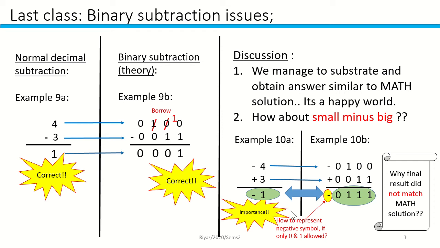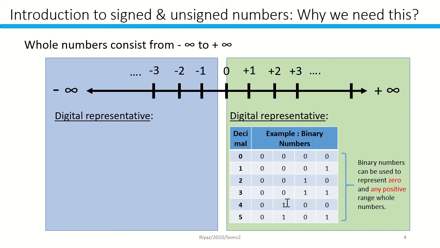This is very important, and before we do this, we need to understand the mathematical issue. Whole numbers consist of negative infinity to positive infinity. You have negative infinity over here, then negative 3, negative 2, negative 1, and so on. You have 0 over here, then positive 1, positive 2, positive 3, until positive infinity.